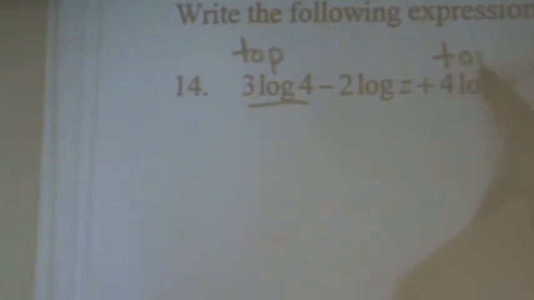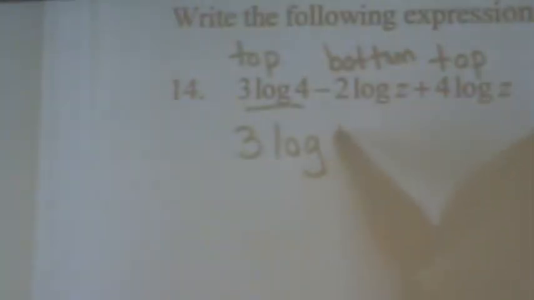Number 14, you've got 3 terms here. One is a minus and 2 of them are pluses. That means this term goes on top, this one is going on top, and this is on the bottom. That's on the bottom, you know why? Because it's a minus. So I would toggle these around.